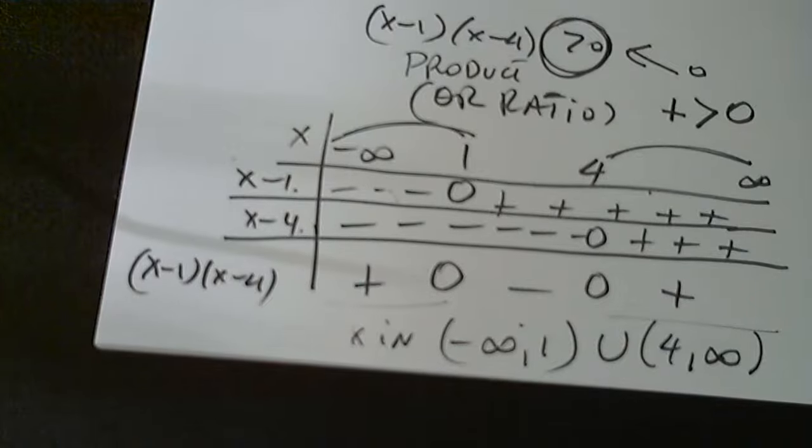We do 12. Yes, very good. Let's do 12. 12 is not a rational. 12 is still a polynomial, but that's fine.